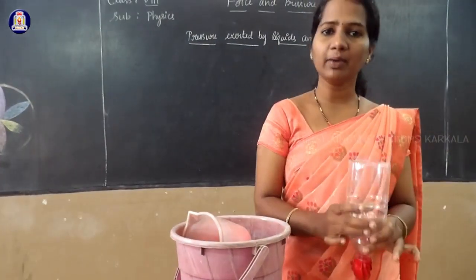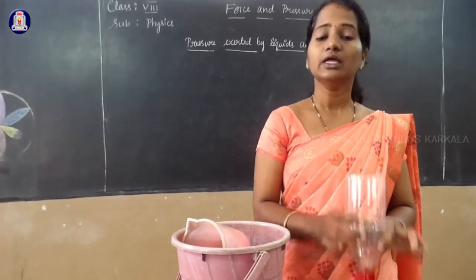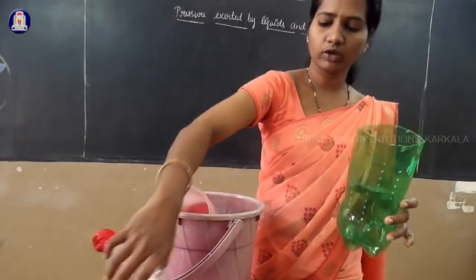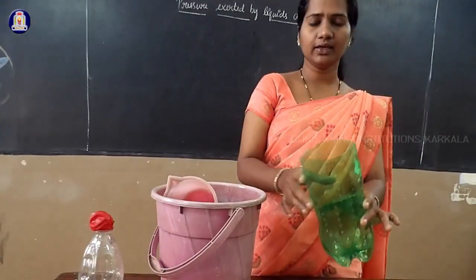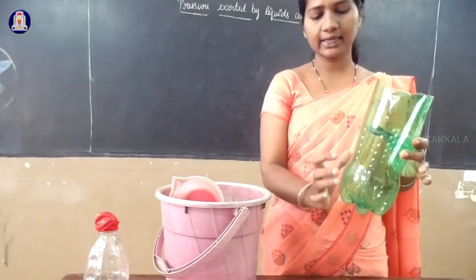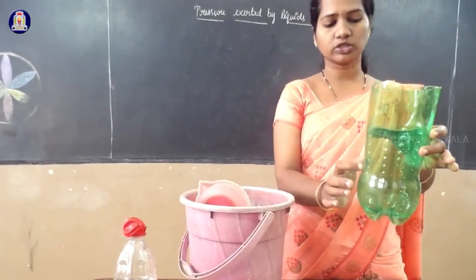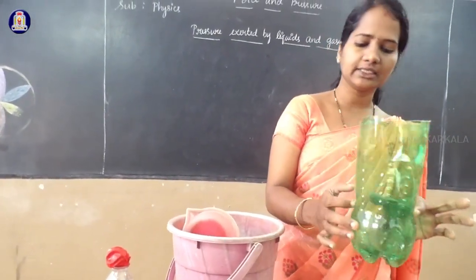And at the same height or the same depth, liquid exerts equal pressure. To show that, take one more water bottle and cut it in this way. At an equal height, make three holes.